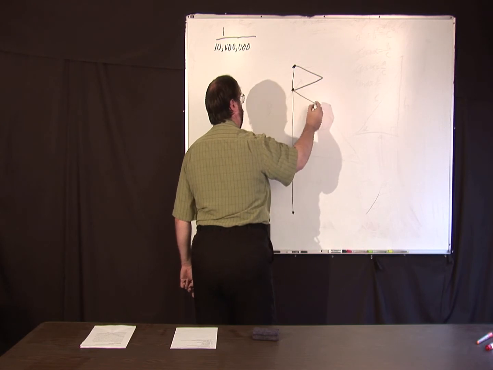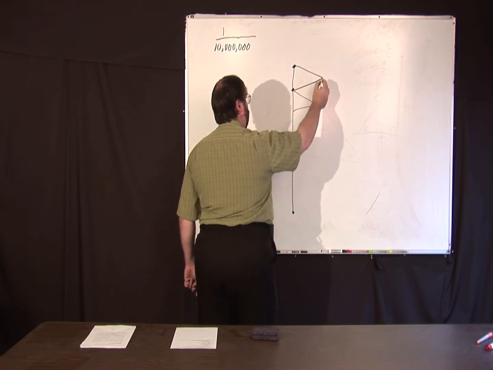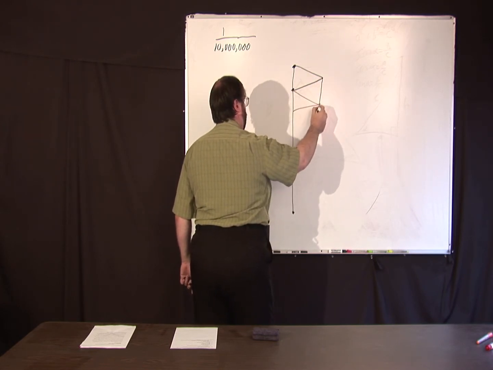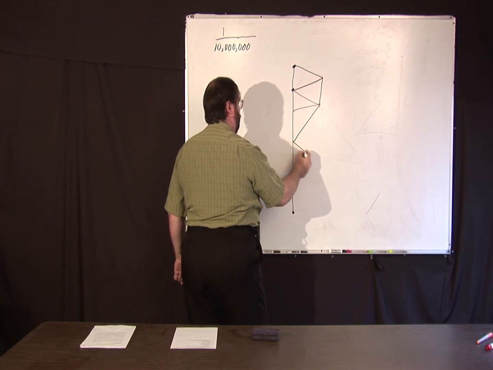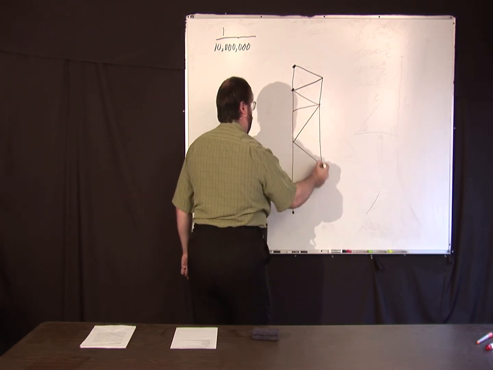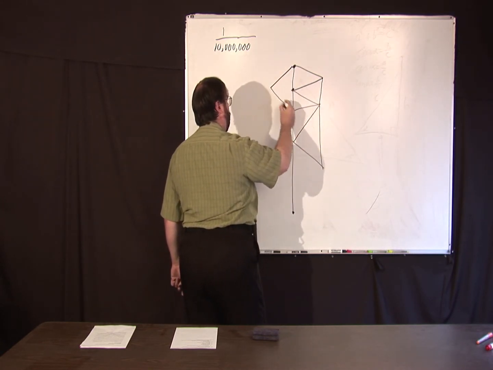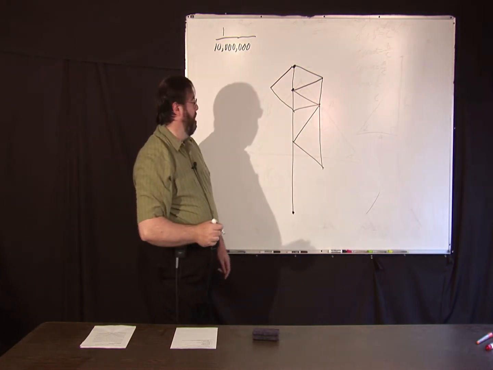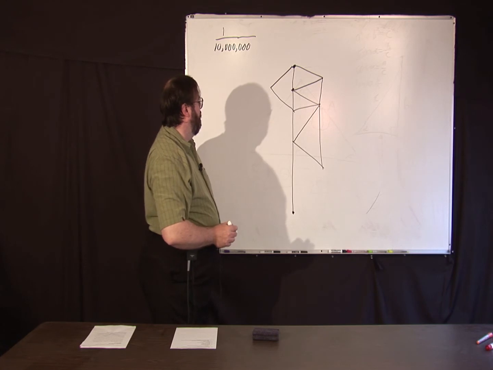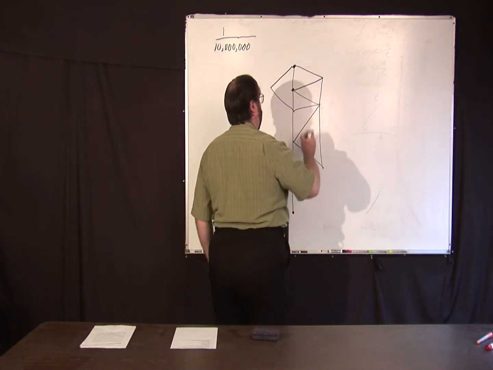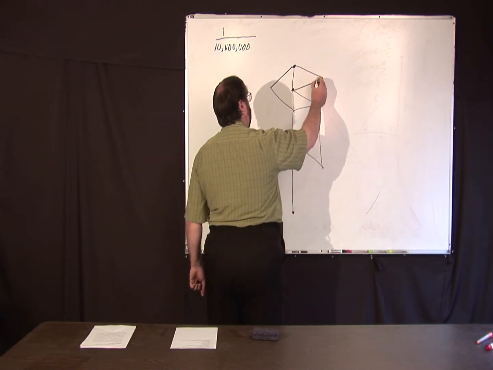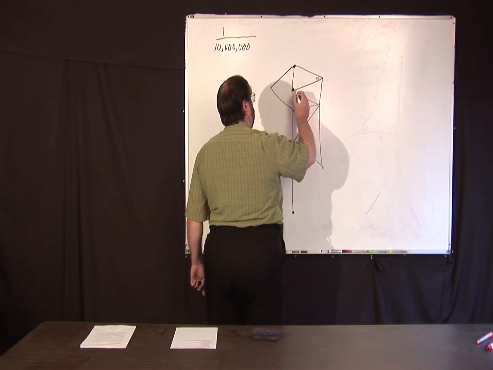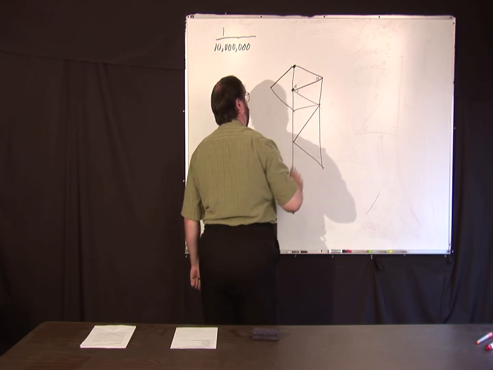You can make as many triangles as you want. You can do them on either side. They can be any angle you want. You can do some over here, maybe get some redundancy. So you measure all these angles, alpha, beta, gamma, whatever.